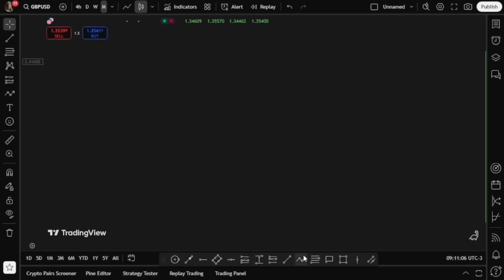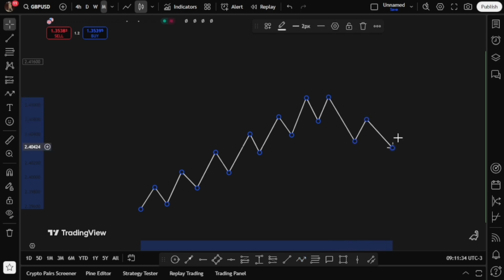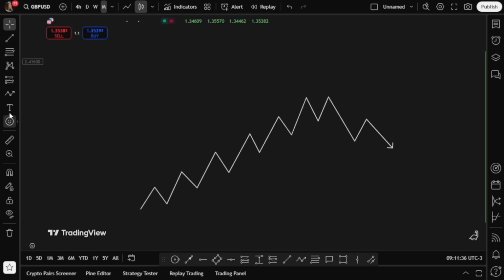Now, the bullish trend or the upward moving market, this is when price is moving upwards, creating two components called higher highs and higher lows. So this is the uptrend.